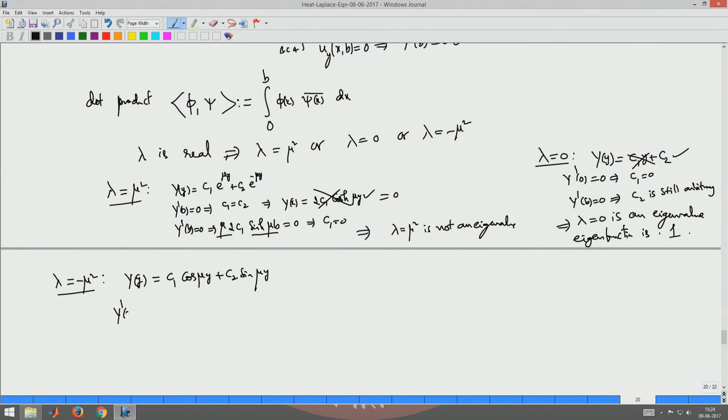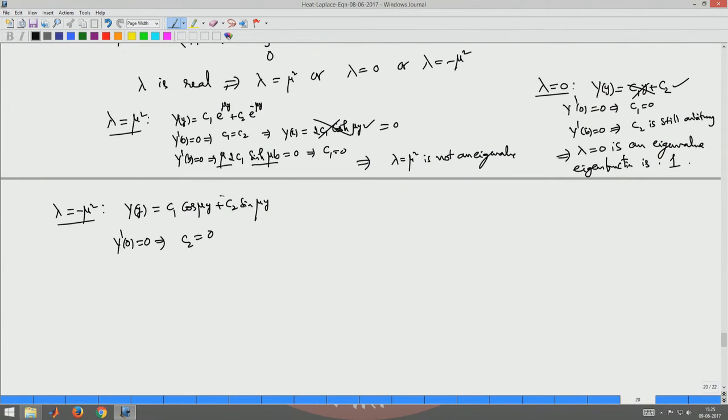So, y dash at 0 equal to 0 will give me C2 is 0, and that means this is gone. Then y dash at b equal to 0 will give me C1 sin mu b, with a mu coming out from the derivative, and put y equal to b. Mu cannot be 0, so if you want a non-zero solution this has to be 0.